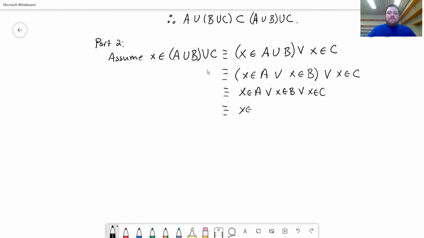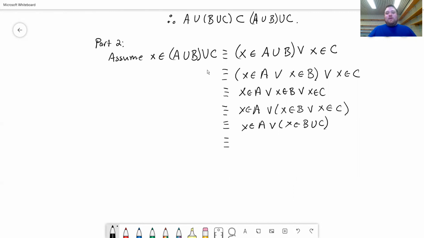So (X is an element of A, or X is an element of B), or X is an element of C. And this is equivalent to saying that X is an element of A union B, or X is an element of C. And then we will now combine all of this.